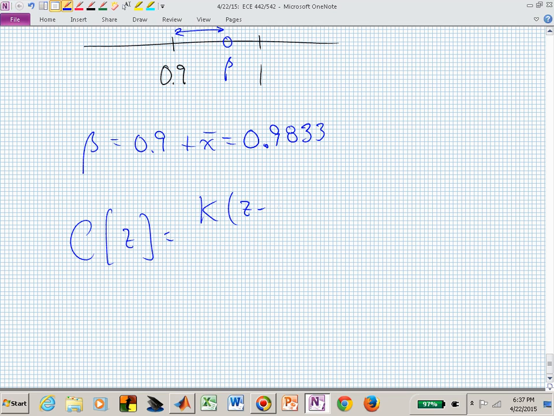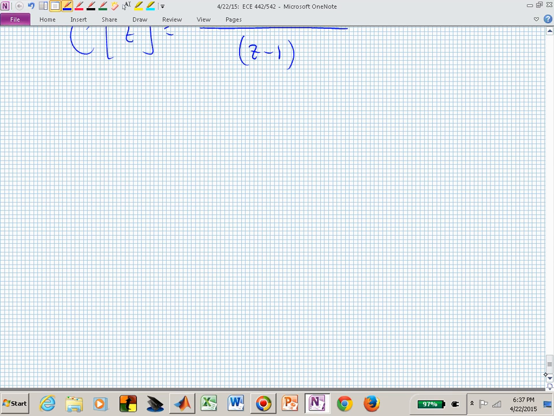Now I have found one of my two parameters in my PI controller. I found the zero, I found the beta. I was able to find that based on the phase angle condition. That forced the root locus to go through that triangle. Now I need to find k. How do I find k? I know this is going to be true.